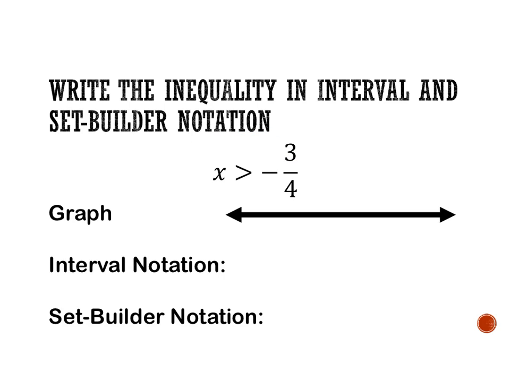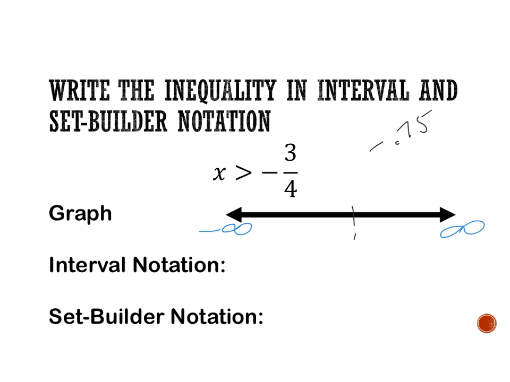Alright, now I got one for you to try on your own, but I want to start you off with the graph. So first of all, this arrow is my negative infinity, this arrow is my positive infinity. And on this one right here, it is -3/4. Well, -3/4 is the same thing as -0.75.